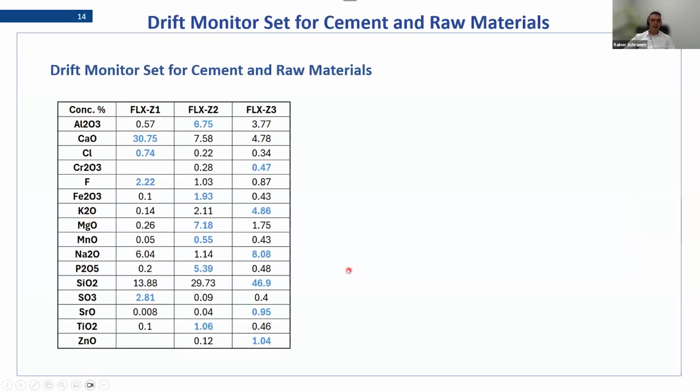As an example here, a drift monitor set for cement and raw materials. These are the classical 14 elements between sodium and zinc, plus chlorine and fluorine. And so you see the three silicate classes are designed in a way that for every element you have a high sample, and the other two you could then use one or the other as a low sample.